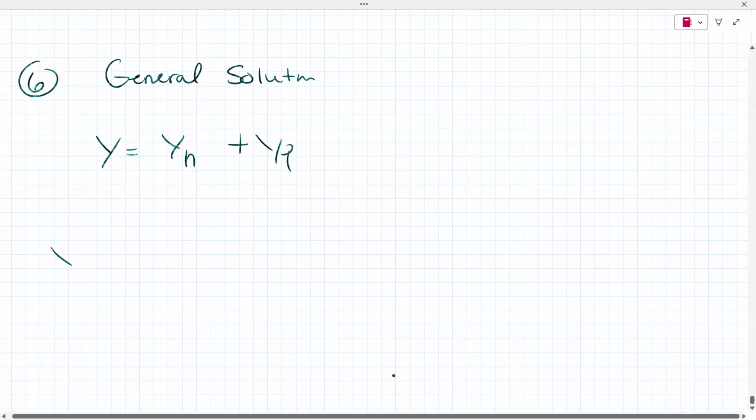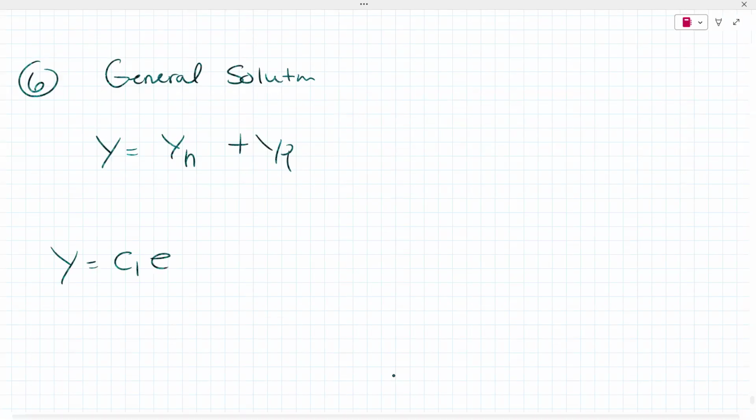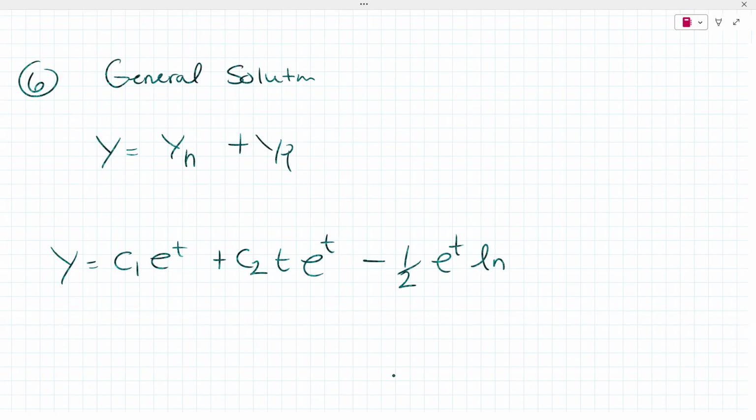So it's going to be y equals c1 e^t plus c2 t e^t minus 1/2 e^t ln of the absolute value of t squared plus 1, plus t e^t tan inverse of t. Okay, so this is your final solution.